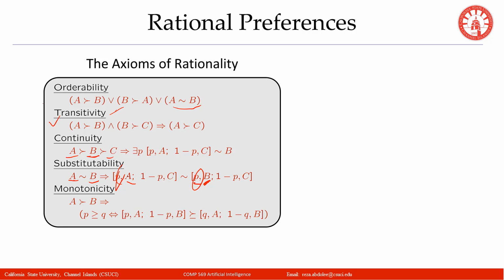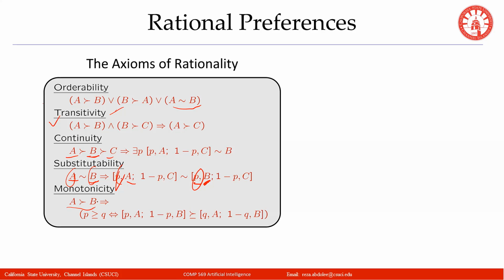So it doesn't matter for the agent to participate in these two lotteries when you are also indifferent between prizes A and B. The reverse is also correct. If you are indifferent between two lotteries that involve A and B with some given probability P, then you are going to be indifferent between prizes A and B.